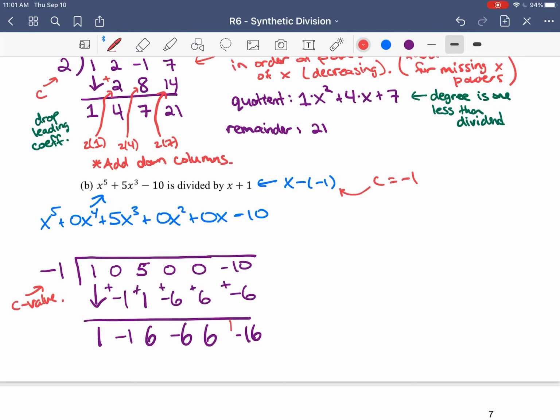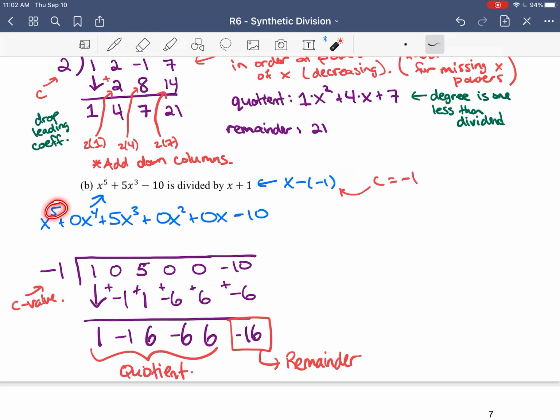This last one is always the remainder, and the ones before it are how we find the quotient. Remember, the dividend started at x to the 5, so the quotient is always 1 power less. It's going to start at x to the 4.